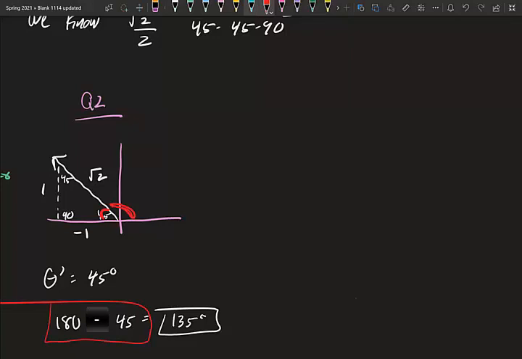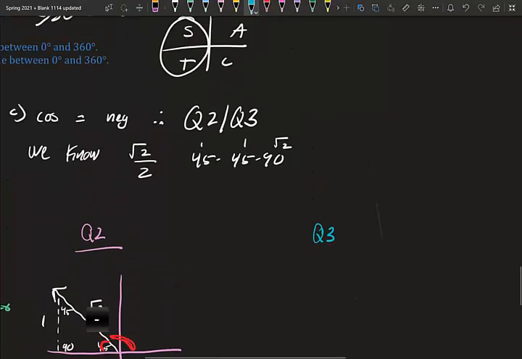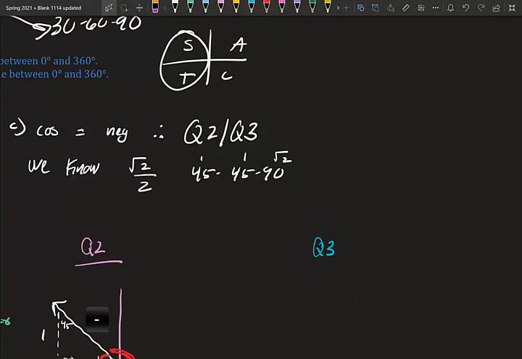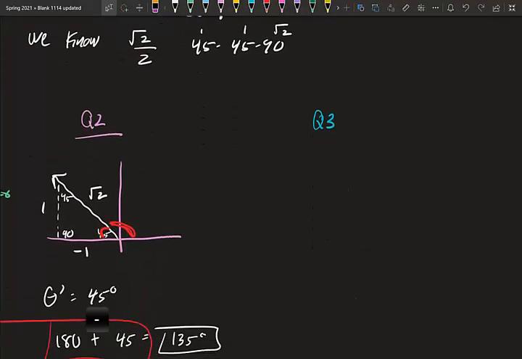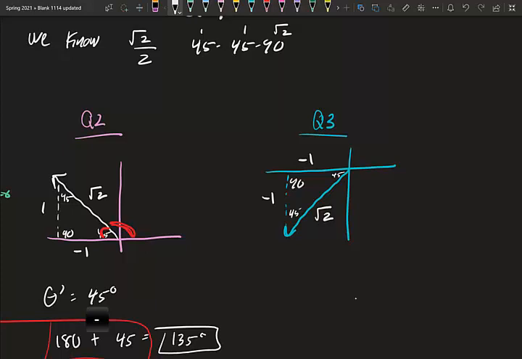Alright, now we draw quadrant 3. Why do we draw quadrant 3? Because where this results, it's in quadrant 2 and quadrant 3. That's why it says find all angles. So we have an angle somewhere in quadrant 3. We finish off the triangle, and since this is a 45, 45, we know this is negative 1, and square root of 2. So our reference angle is 45 degrees.